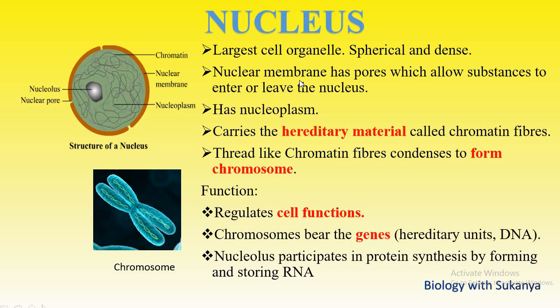The nuclear membrane, just like the cell membrane, has pores which allow substances to enter and leave the nucleus. Just like the cytoplasm, the nucleus has nucleoplasm. The nucleus carries the hereditary material known as chromatin fibers, and these thin thread-like chromatin fibers condense to form the chromosome. This is the chromosome which carries the genes.